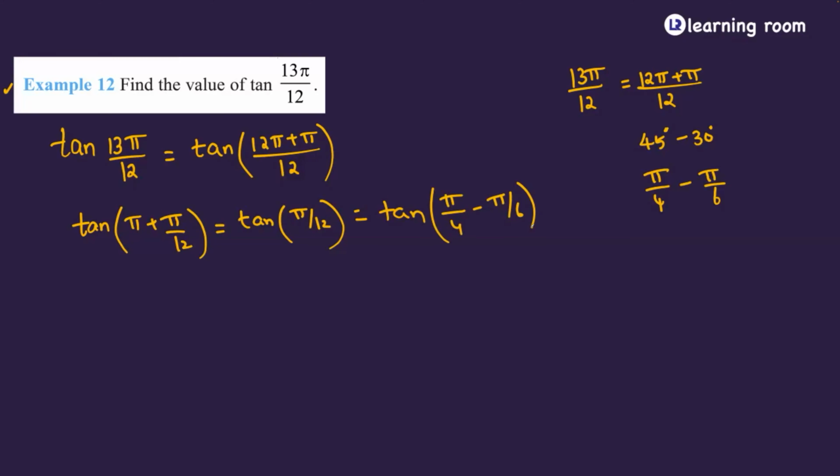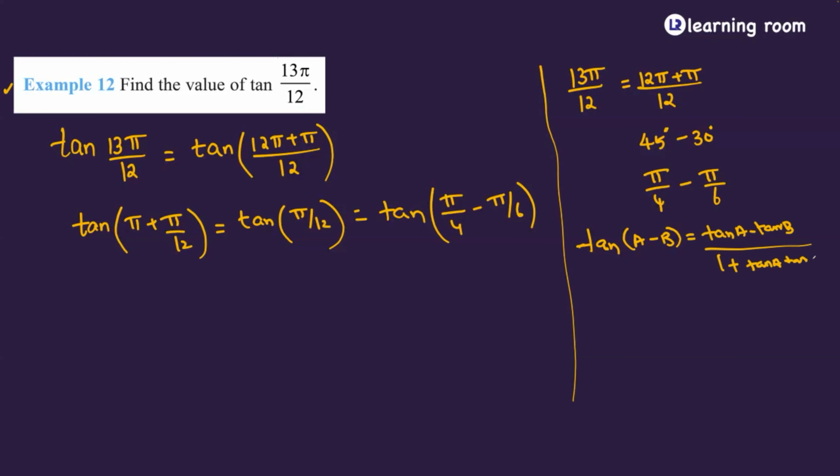If you observe, there is a formula for tan of a minus b. What is tan of a minus b? It is tan a minus tan b by 1 plus tan a tan b. I'll take this and apply it here. So it will be tan pi by 4 minus tan pi by 6 divided by 1 plus tan pi by 4 into tan pi by 6.